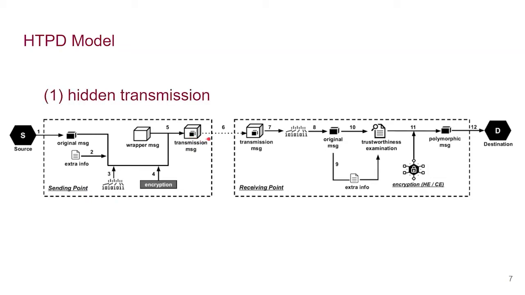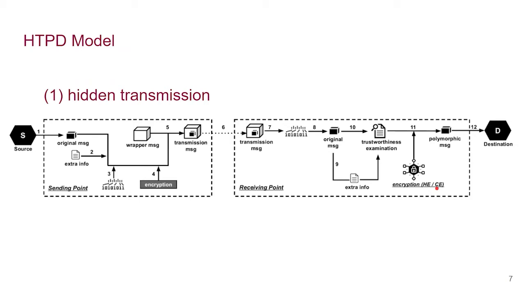Next, the transmission message will be routed to the destination. At the receiving point, we extract the original message from the transmission message, and we do the trustworthiness examination using the added information. Based on the destination's trustworthiness, we choose whether to return raw data, encrypted data, or no data.